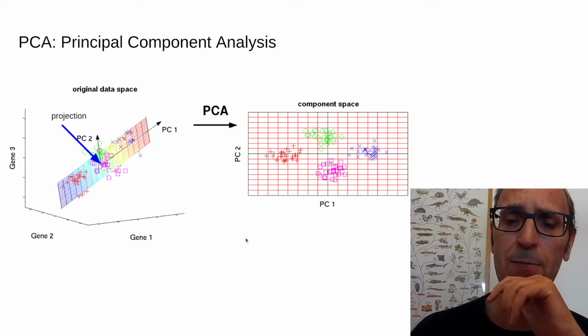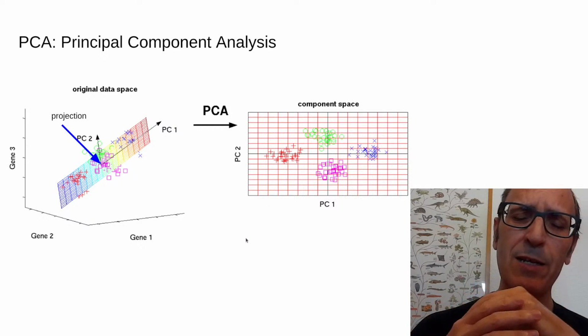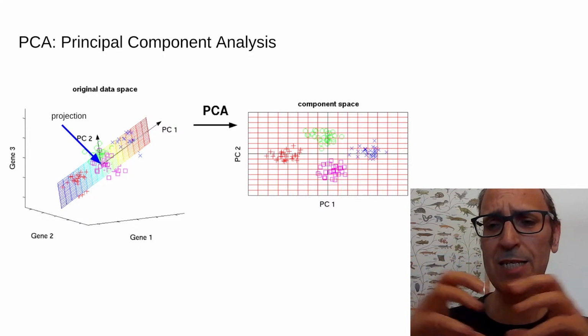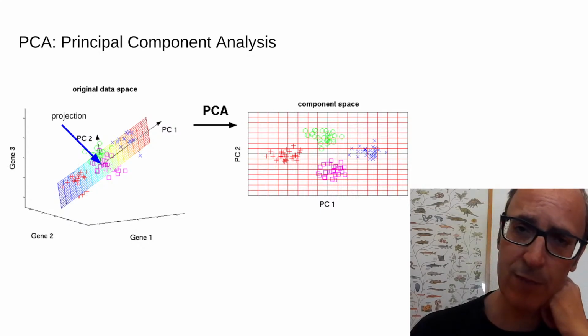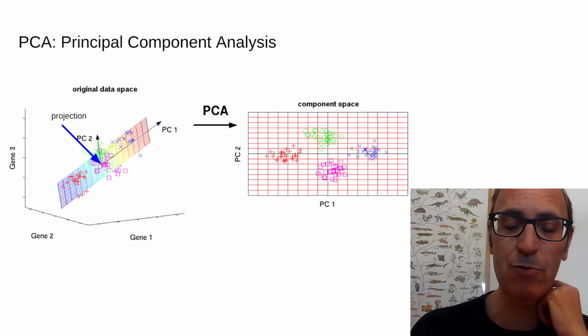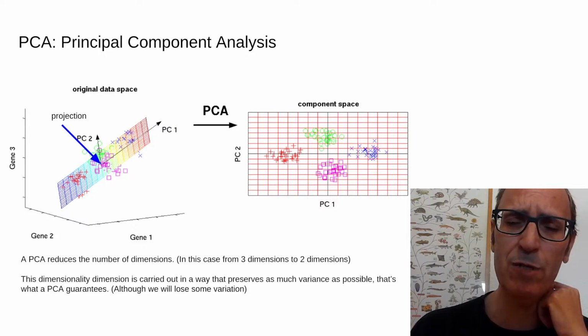So basically, we are representing the individuals as spread out as we can in this new space, the space that we can see, because usually the real space has too many dimensions to be seen.